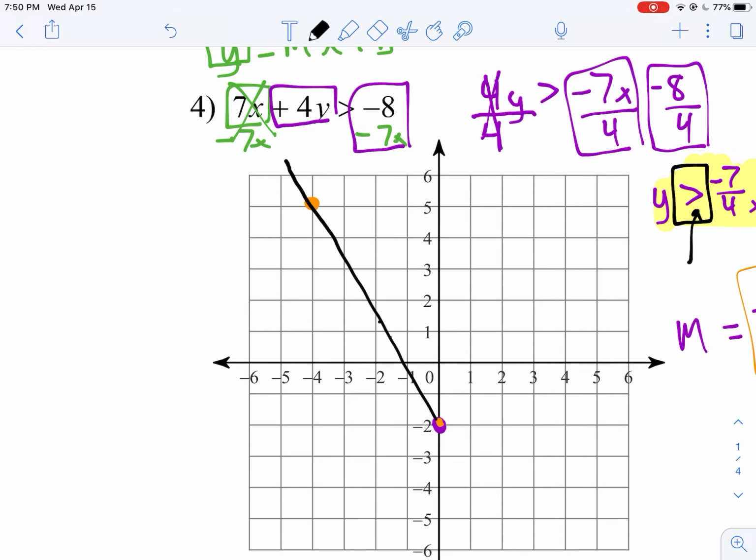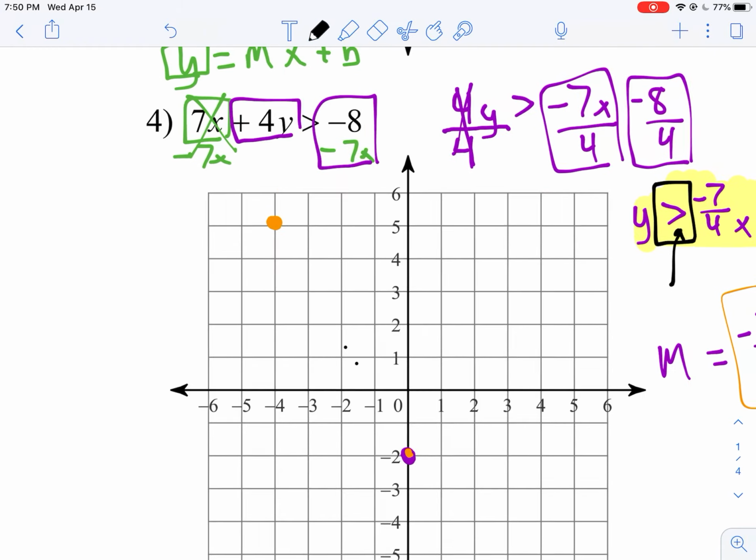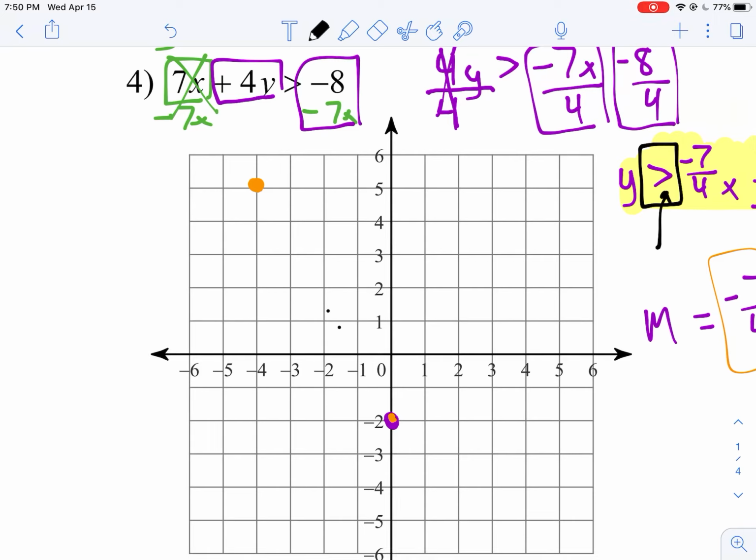Let's see. What could I do here for my dotted line? I don't think it's going to let me. Oh, wait, maybe it will. See, it erases the whole line. Well, if you guys think of better ways to do the dotted line other than just dotting the line, you can do it that way. But for right now, that's my line. It looks awful, but it's a dotted line.